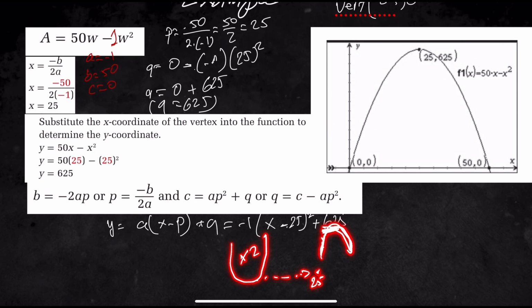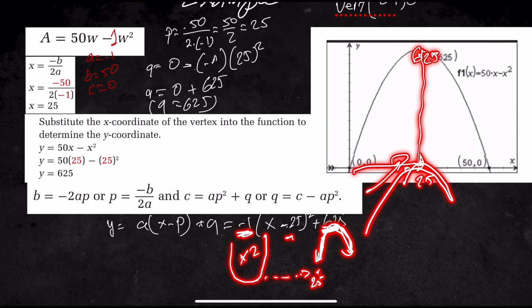I will flip it because my a is negative. And this is exactly what you can see here. Right 25 units, which is here 25, and upward 625, because the original one was like this. I just flip it and move it right, and I have to take it upward 625 units.